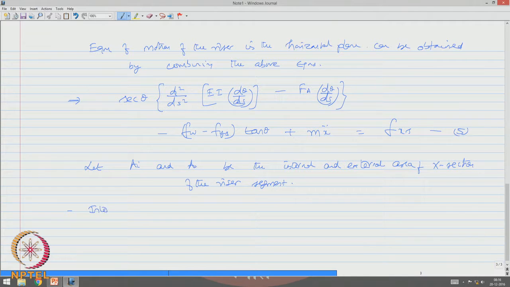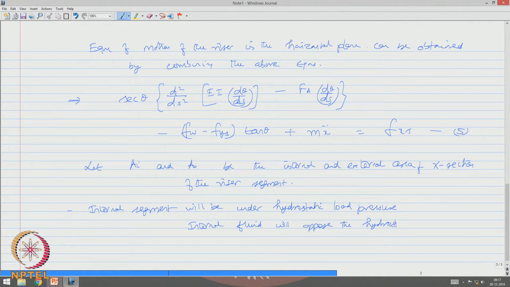Interestingly, the internal segment will be under hydrostatic load pressure, because the internal fluid which is flowing through the riser will oppose the hydrostatic load arising from the external fluid.